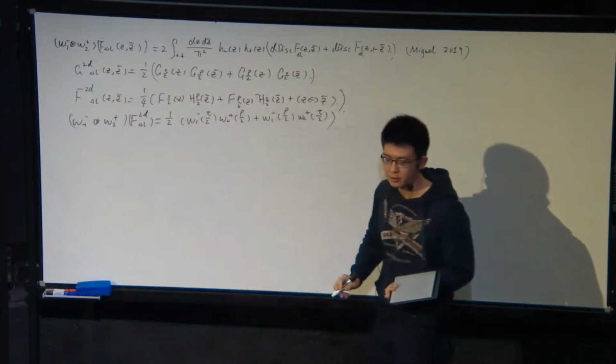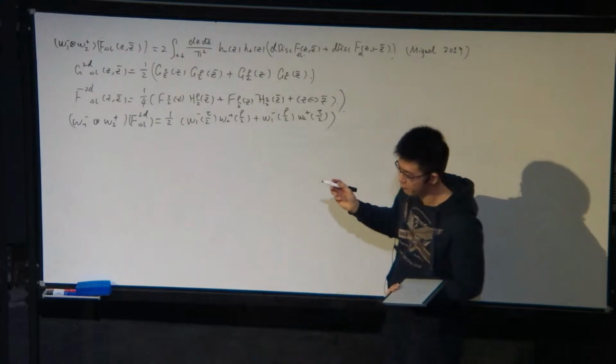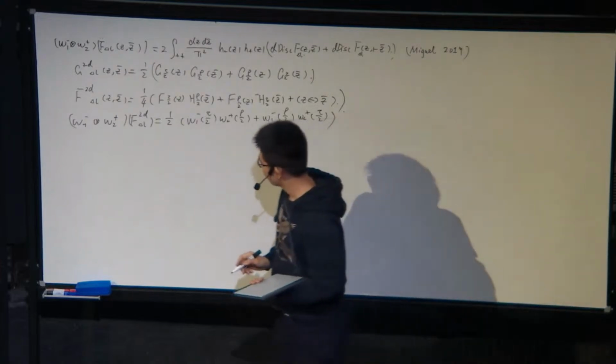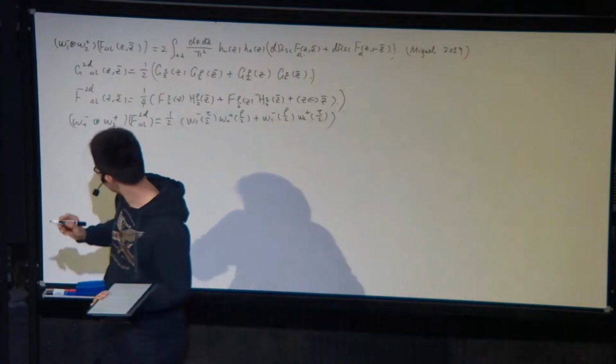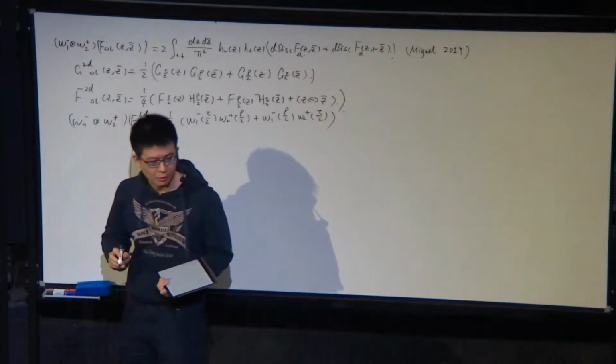Yes, this is a direct evaluation. This is very straightforward to check. For the higher dimension, this is acting on the two-dimensional crossing vector.